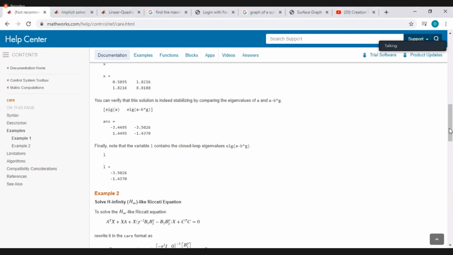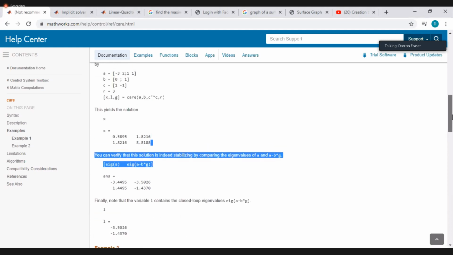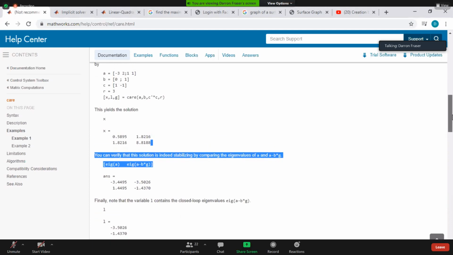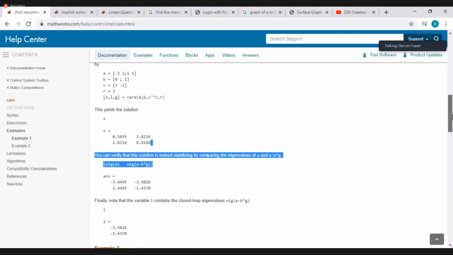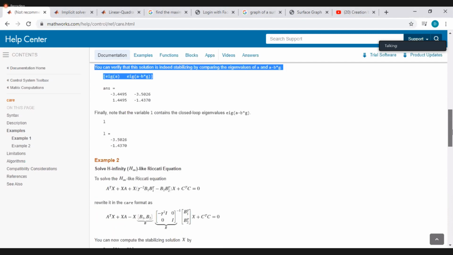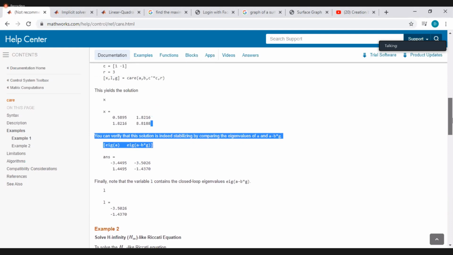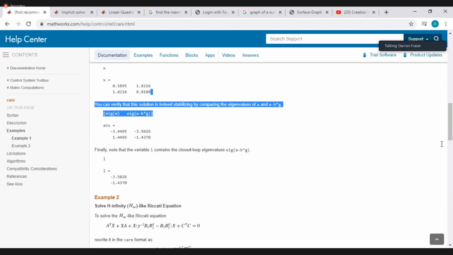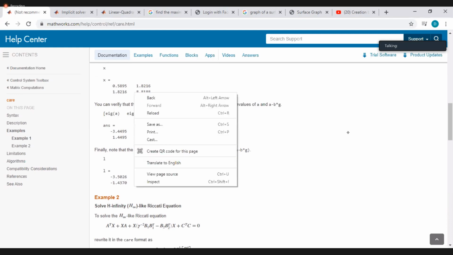It's supposed to give me G, X and L. I didn't see G. X, L. It's supposed to give me G. I think this is a mistake that they make. This is supposed to be the gains. Well, in your closed loop, eigenvalues L equal blah blah blah. So this is how the gains are.